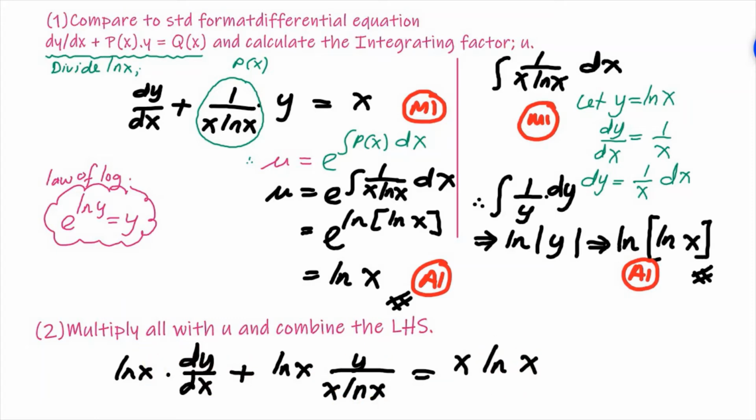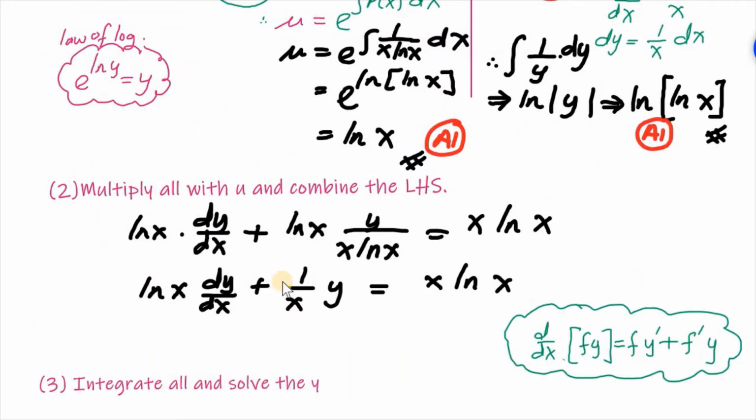Let's simplify this first. After we have simplified that, you can see this expression and refer back to the product rule. If our f is ln x and our y is y, the derivative of f times y is f y prime plus f prime y.